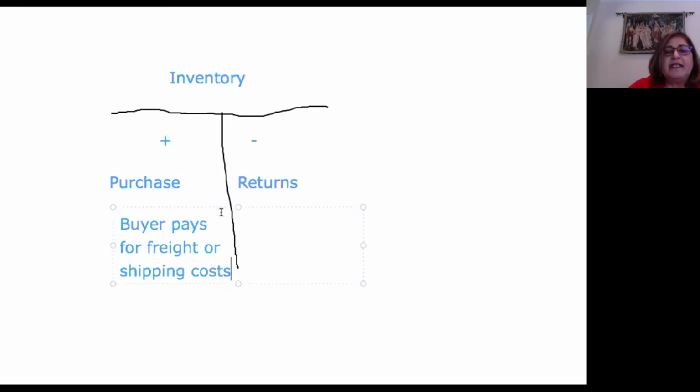Now, what decreases inventory is if we receive a purchase discount. We receive a purchase discount, that will decrease inventory. So far, you guys are okay? Okay, excellent.